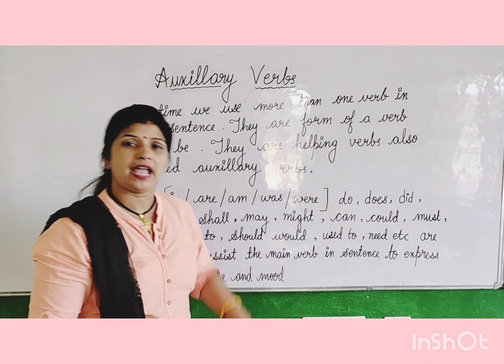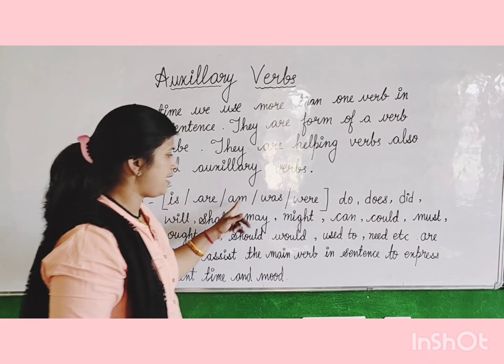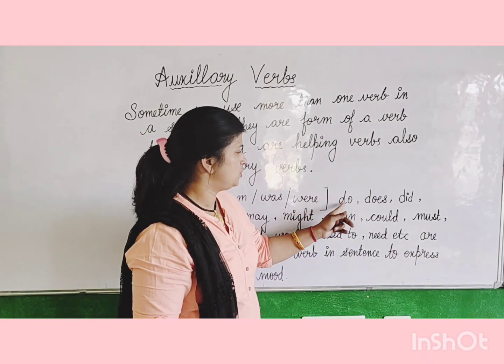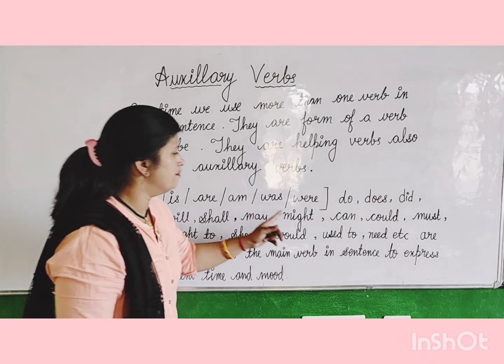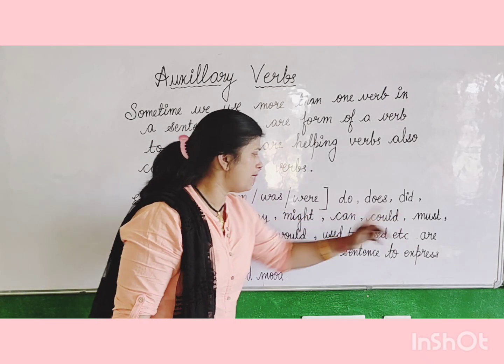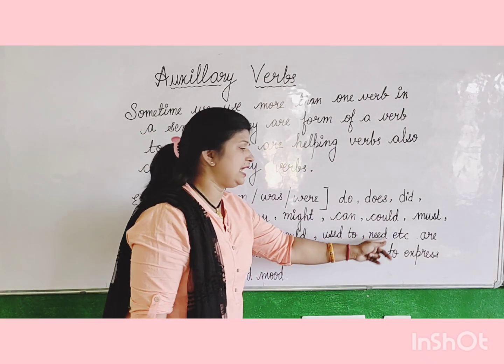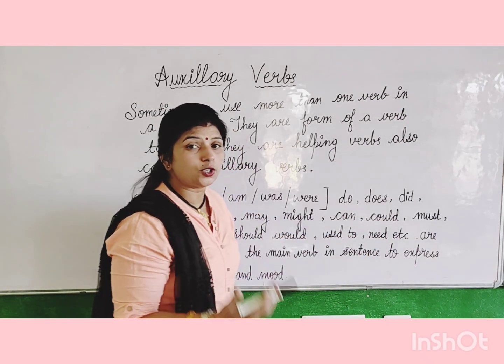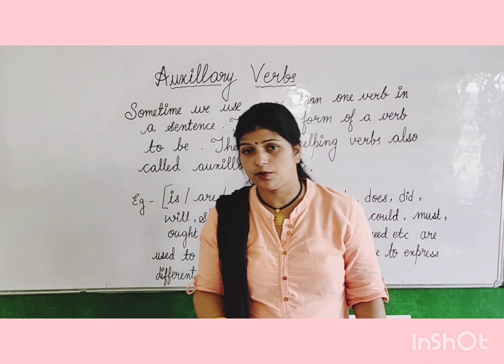For example, some of the helping verbs are, you can see, is, are, am, was, were, do, does, did, will, shall, may, might, can, could, must, ought to, should, would, used to, need, etc. These are all the different auxiliary verbs which we use.